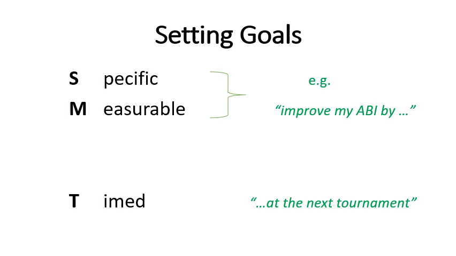Well, first of all, if we say, for example, my goal is to improve my average bout indicator by a certain amount at the next tournament or by the end of the season, then we're setting a goal that is specific, measurable, and timed.